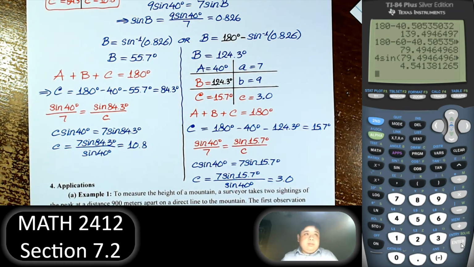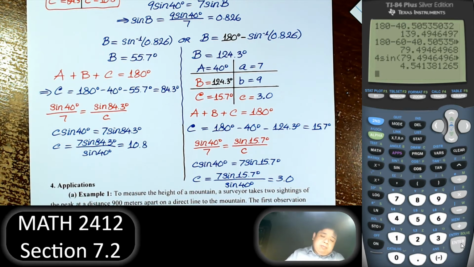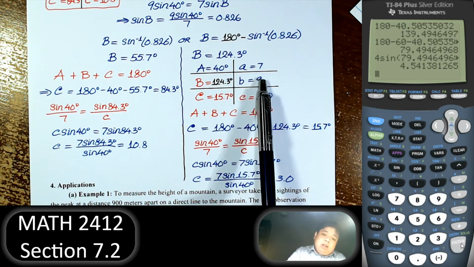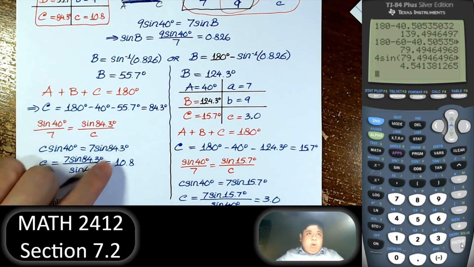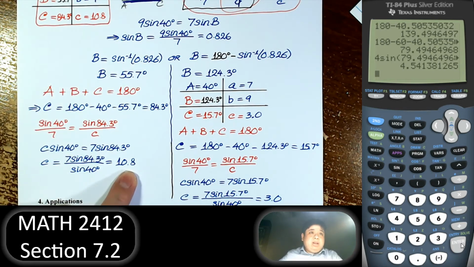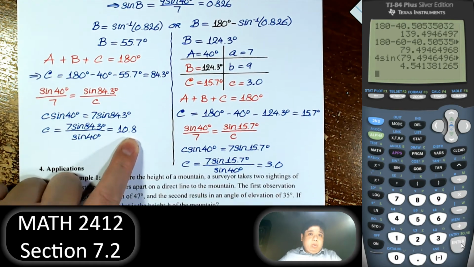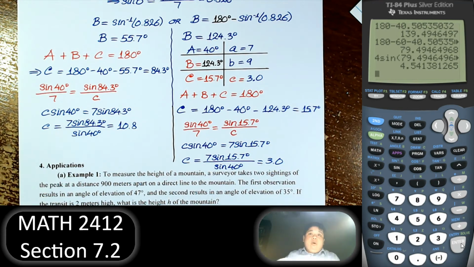So final check. Biggest angle, longest side, smallest angle, shortest side. So that checks. Once again, when we write the answer, we write the rounded numbers, but when we do the calculation, I'll take the whole number in the calculator.